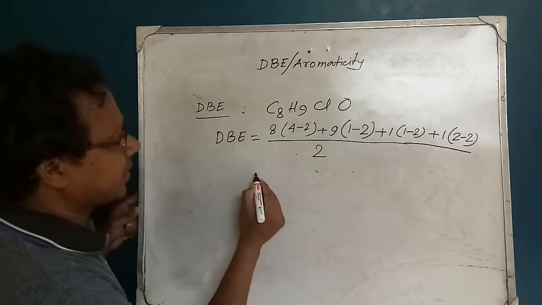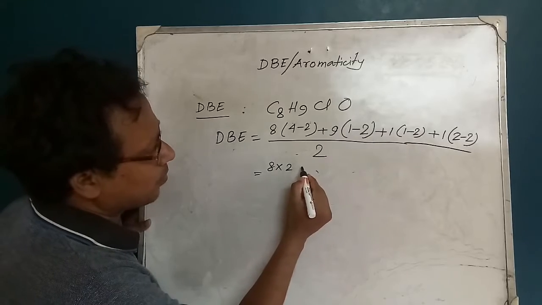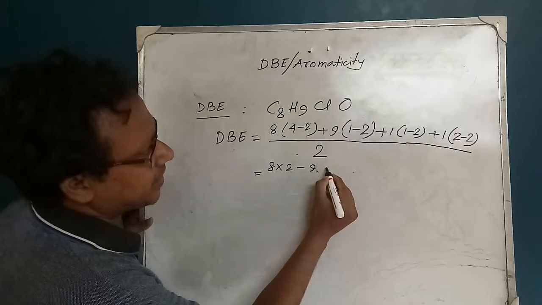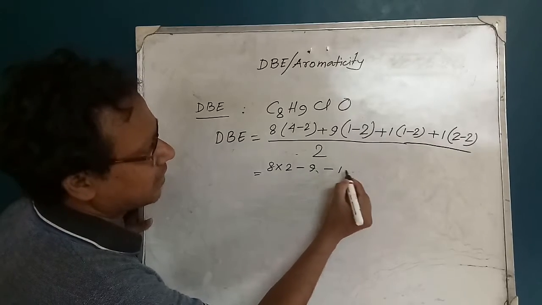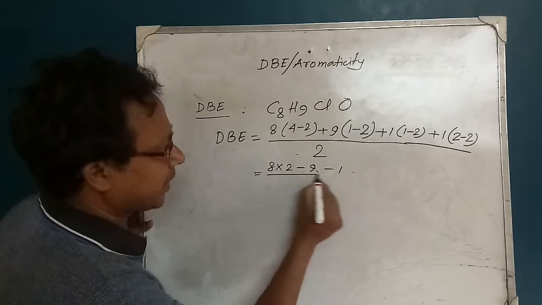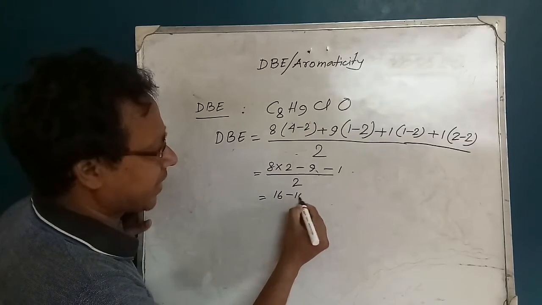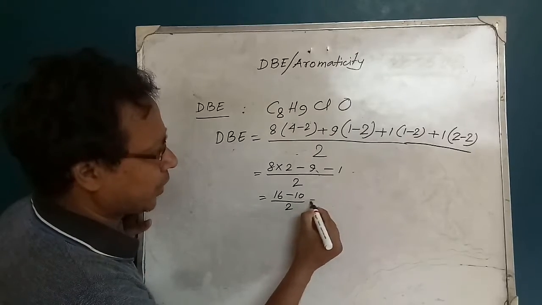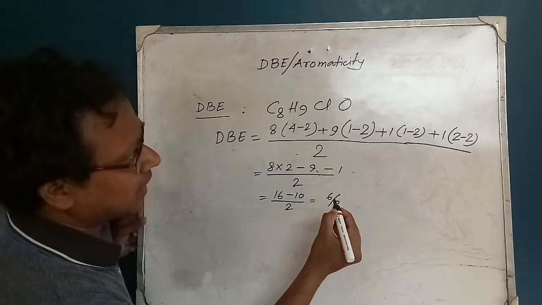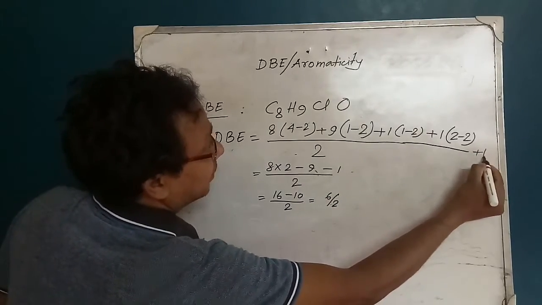Here it is 8 into 2, minus 9, minus 1, plus 0, divided by 2, which is 16 minus 10 by 2, equal to 6 by 2, which is 3.